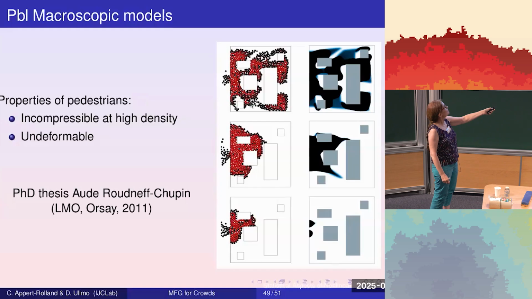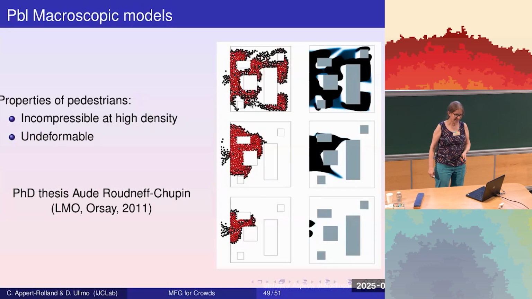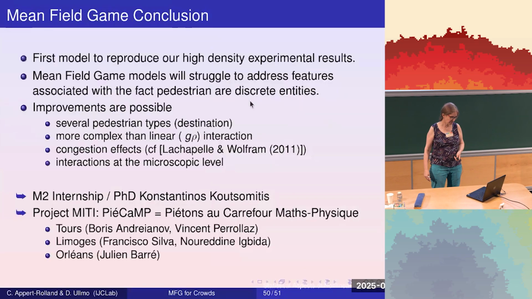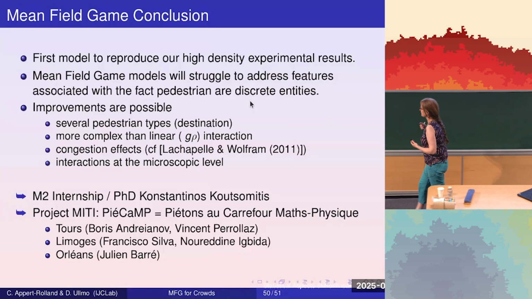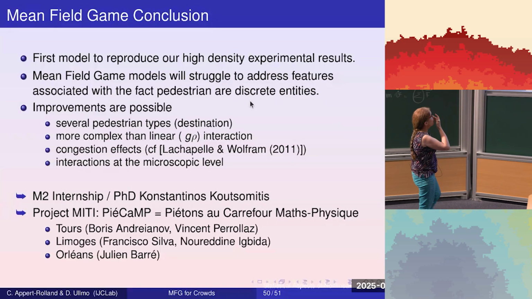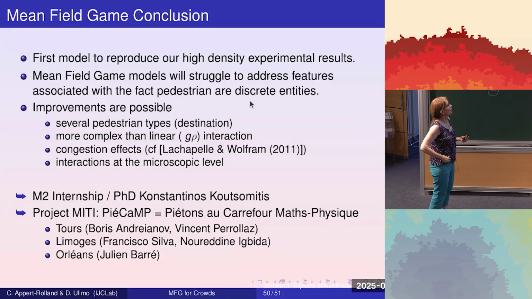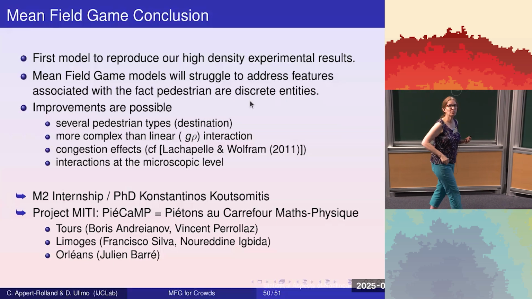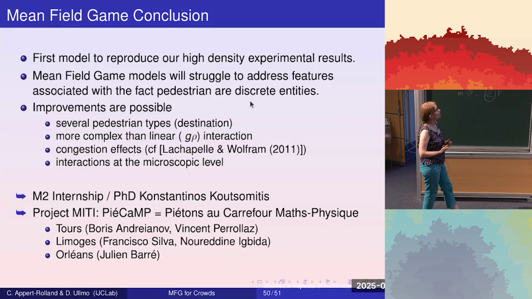At the beginning the voids are at the same place and it matches quite well, but at the end the fluid goes faster than the granular one. So there is an issue about taking into account granular characteristics. We have a challenge to be able to put in the fact that the pedestrians are discrete.